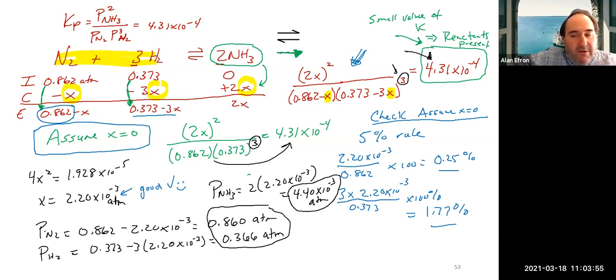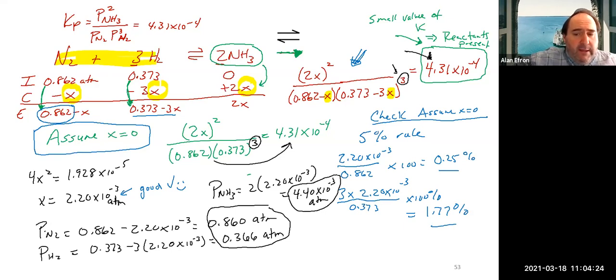So as long as whatever K value you're given is relatively small, it means the same thing: when you reach equilibrium, you should mainly have reactants. Because of that, the change part should be relatively small, and that's why we can make the assumption. You could do it for molarity or pressures, but it's really based on the actual value of K. Other questions on that?